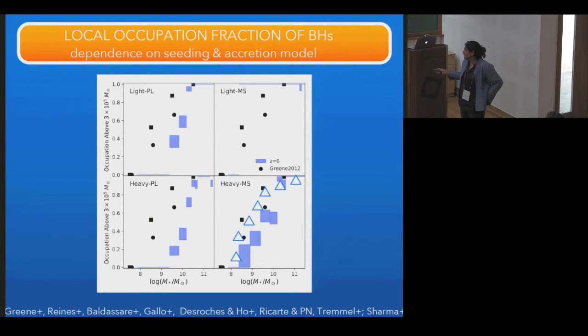So right now, I think this heavy seeding model, heavy initial seeds with an accretion history where the black hole accretion rate is proportional to the star formation rate, that, remember, was an empirical observation, appears to work very well at the moment, okay?